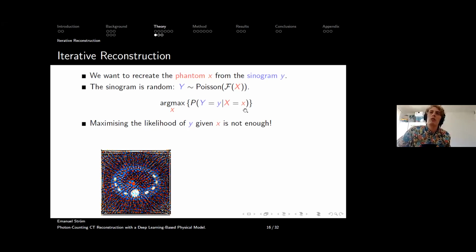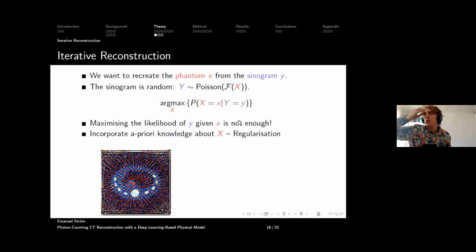One way of thinking about that is that we transition from maximizing the probability of the sinogram given the phantom to switching this probability. So we look at maximizing the probability of the phantom given the sinogram. And most of you know this as regularization.